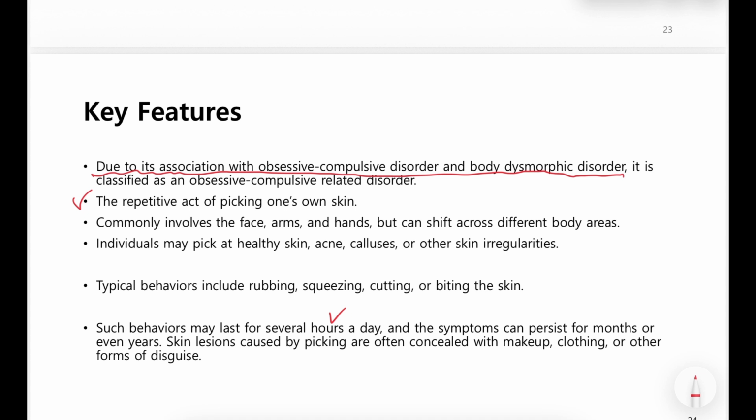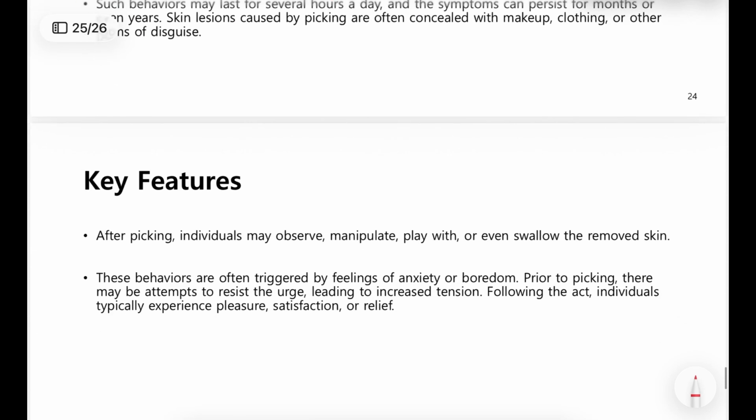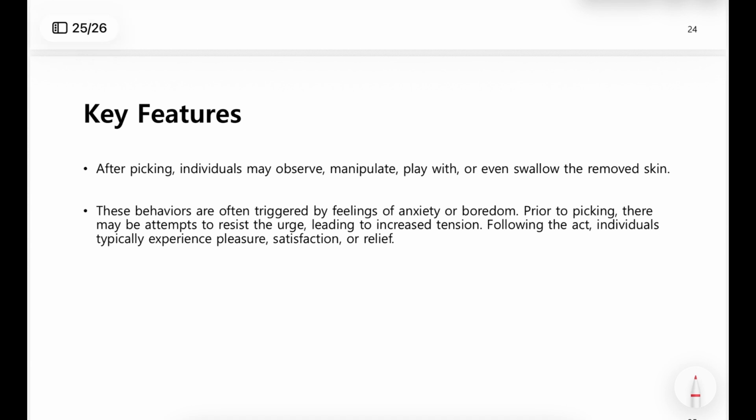This leads to skin lesions, which individuals may try to hide with makeup or clothing. After picking, some people may examine, collect, or even ingest the skin. Typically, episodes are triggered by anxiety or tension, and followed by feelings of relief, gratification, or temporary satisfaction.